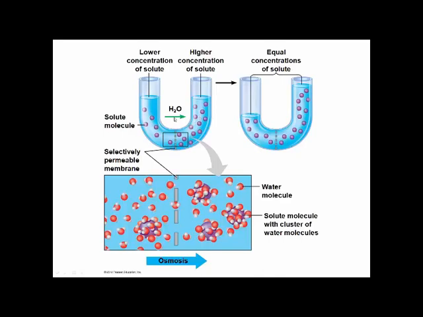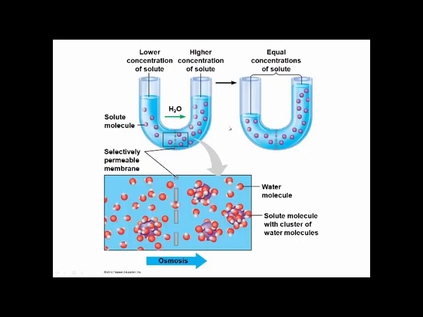So water is going to move from the hypotonic solution to the hypertonic solution, or water is going to move from where it is in greater concentration to where it's in lesser concentration. But no matter how you describe it, this is the result. The movement of water is such that we will have a greater concentration of water on this side of the membrane. And now the two solutions are in equilibrium, both in the concentration of water and also in solute.